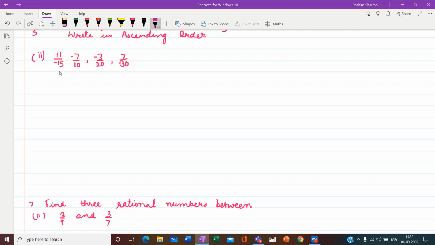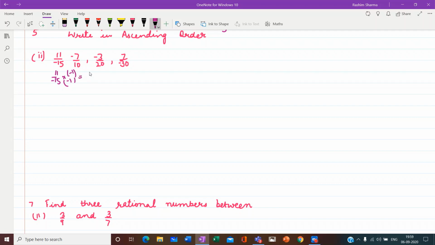So 11 on minus 15, 11 is positive here. So we will change here minus 15 as we multiply it with minus 1.